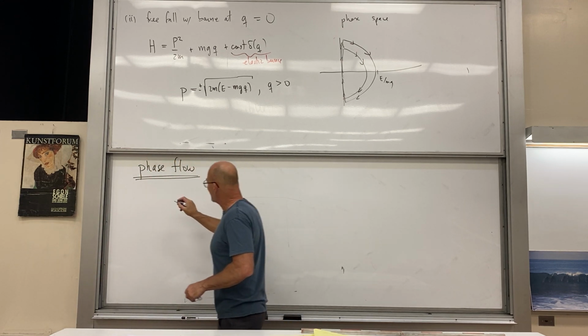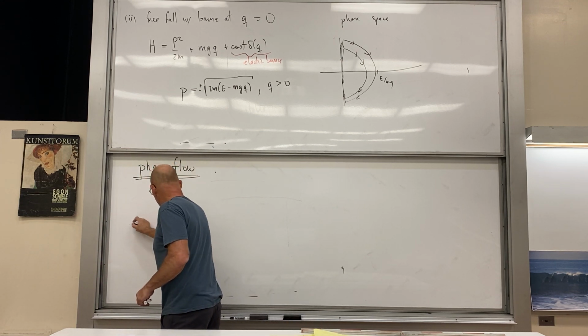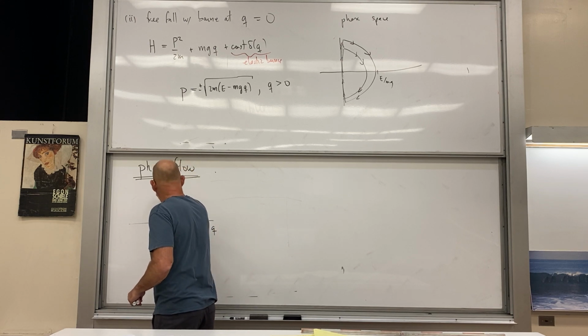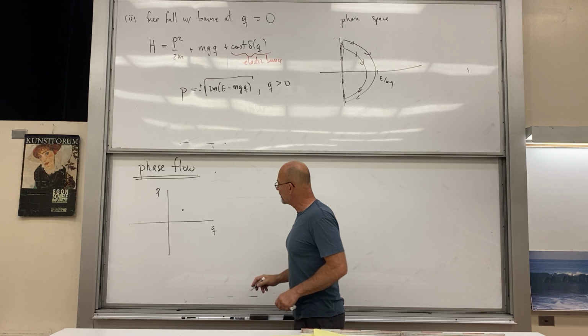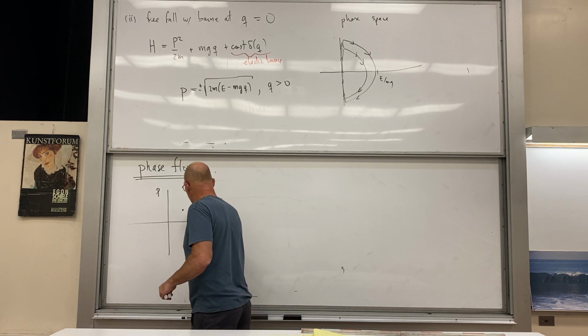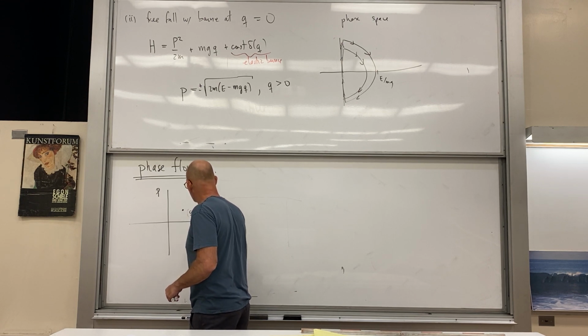The idea is that we've got our phase space, Q and P, and we've got a point here, and we know that this point can be thought of as Q0, P0.